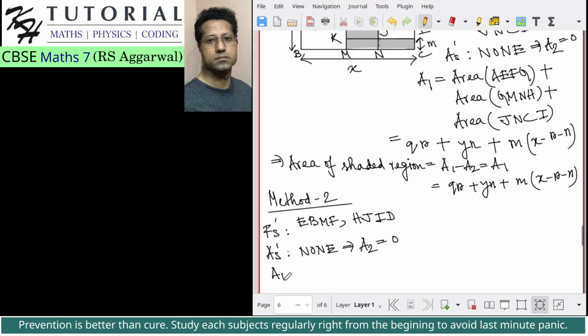So now what will be A1? A1 will be the area of the rectangle EBMF plus the area of rectangle HJID.